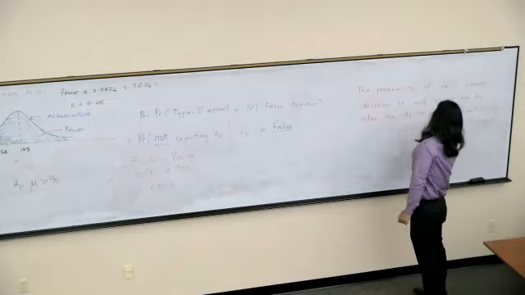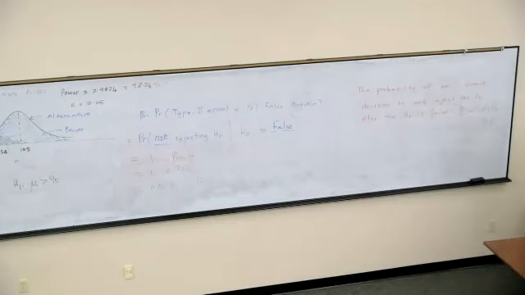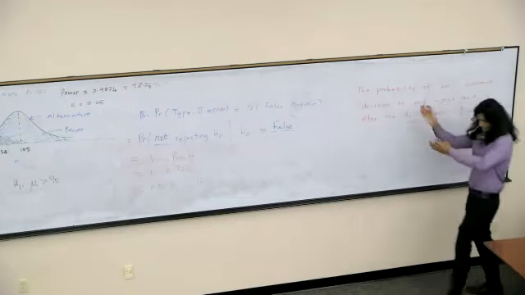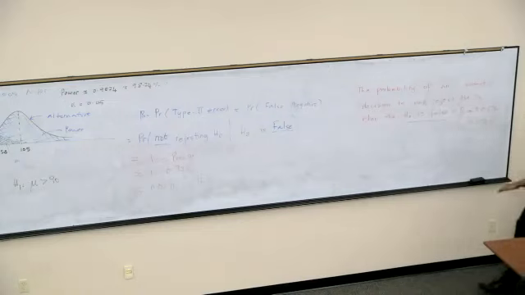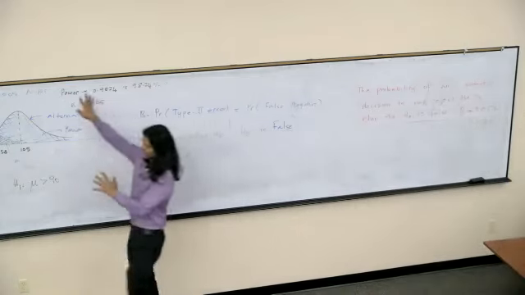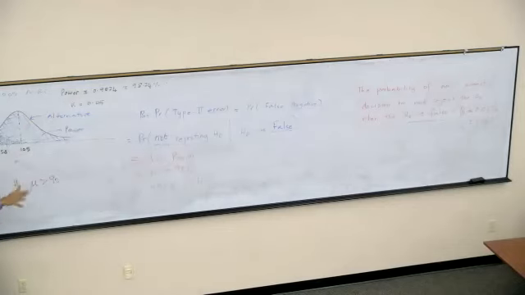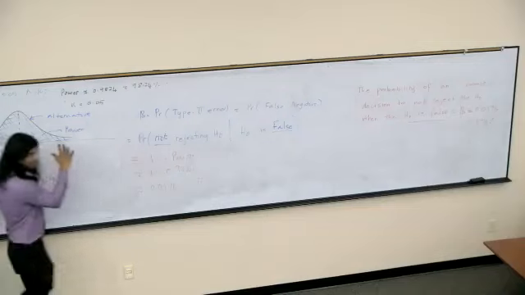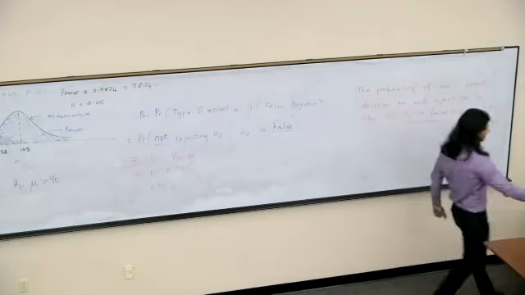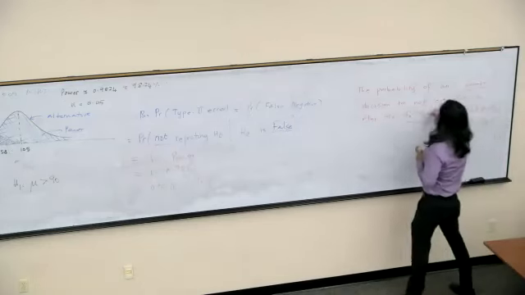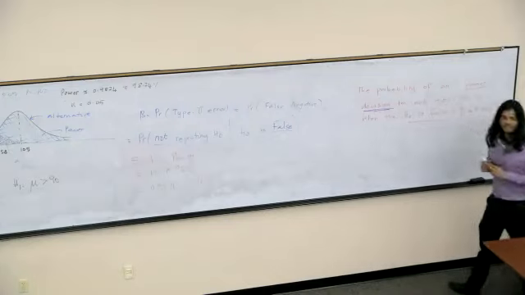Okay. So null is false, so I have to stick with the alternative. If this is what I have for the second combination, and I stick with this, the chances that I made the correct decision to stick with this, not reject the null, keywords being correct decision, is only 1.76%.